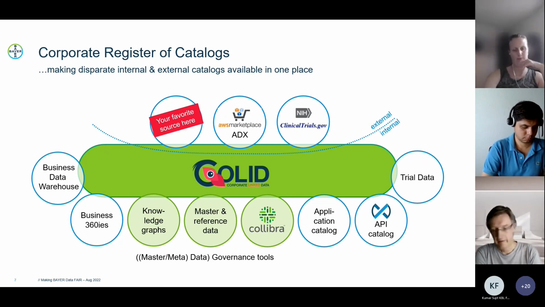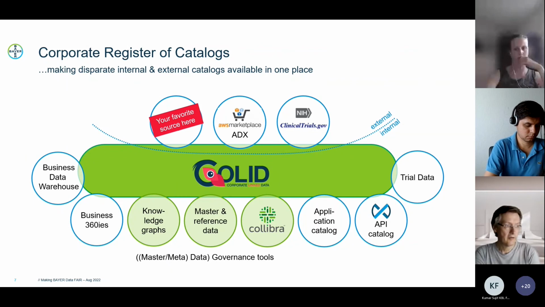Business has their own catalogs for something we call 360s. Those are views on specific matters of interest that are predefined and nicely collected and maintained by data stewards. And they also are registered in catalogs. So this is all available, and we just link these things to COLID so that we don't need to redo that. So that's all automated.